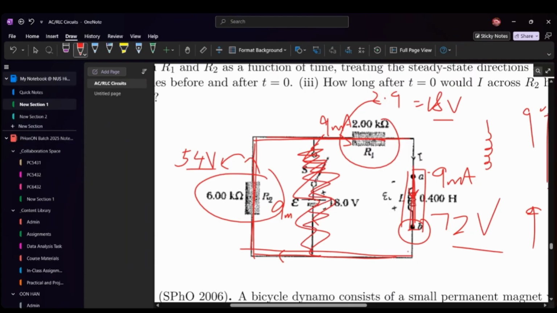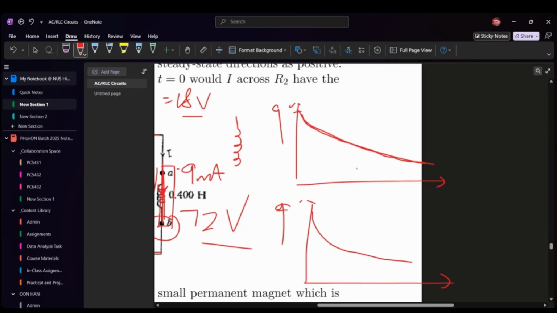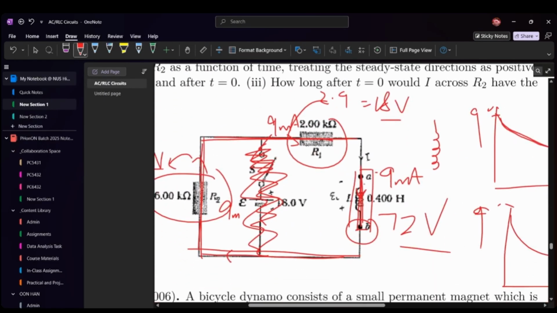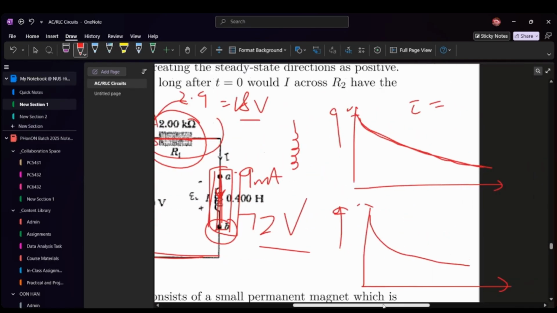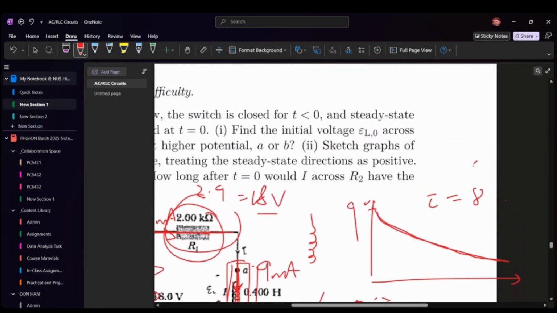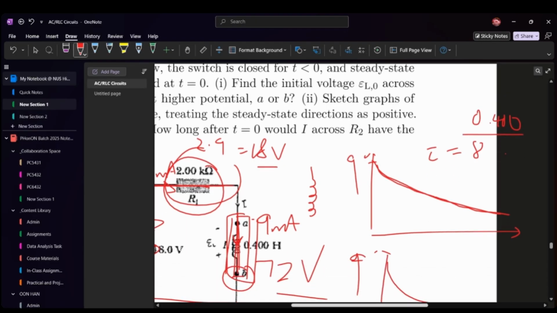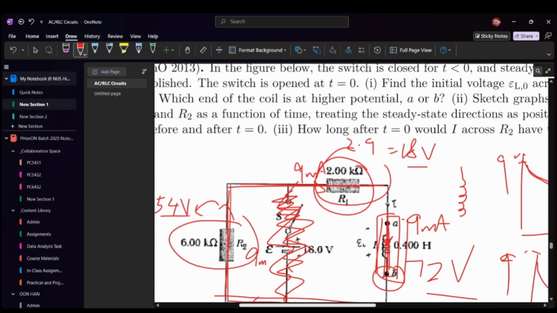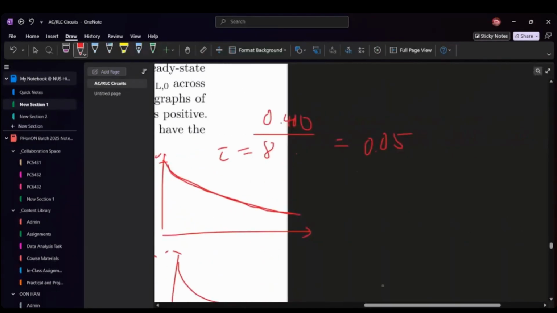So it's just an RL circuit, and these things should decay exponentially like this, with your time constant being the one from the perspective of the inductor, which is your inductance, 0.400, over your R effective, 8 kilo ohms, which should give you 0.05 milliseconds, I believe, something like that.